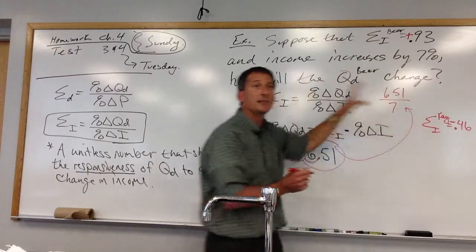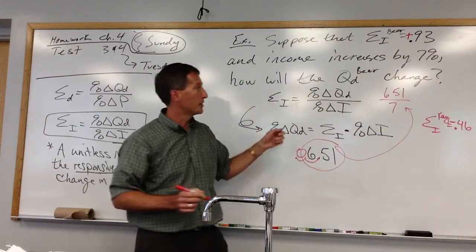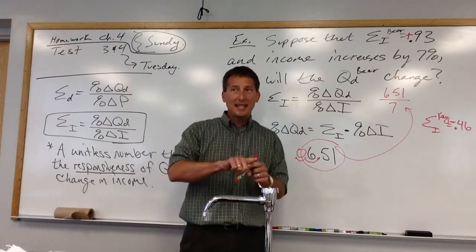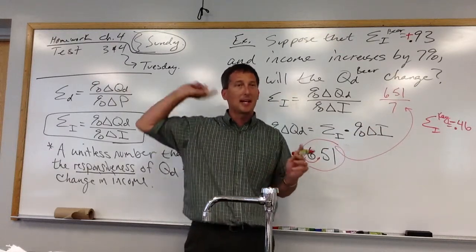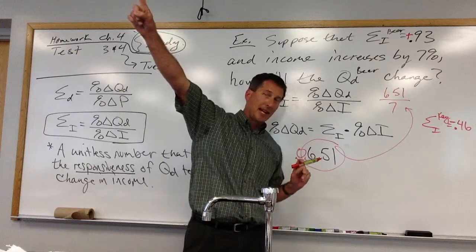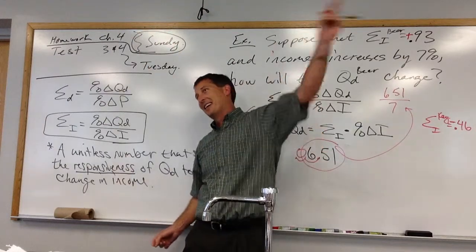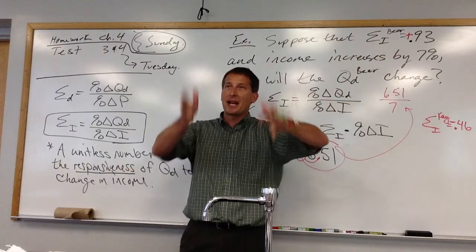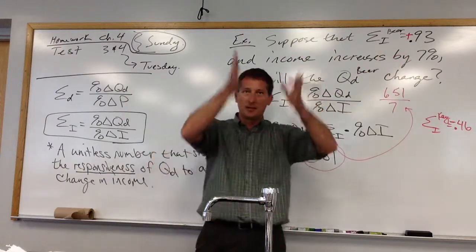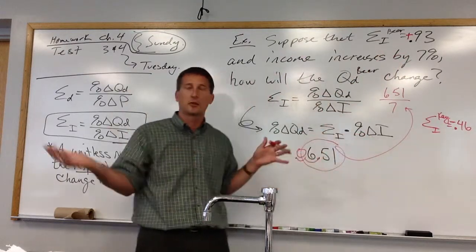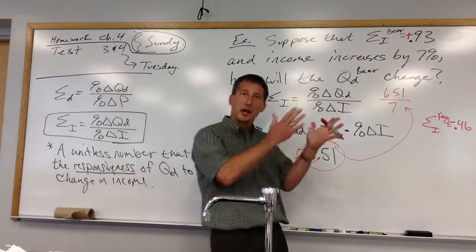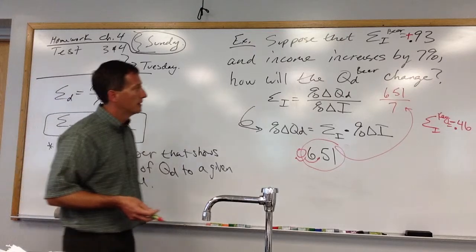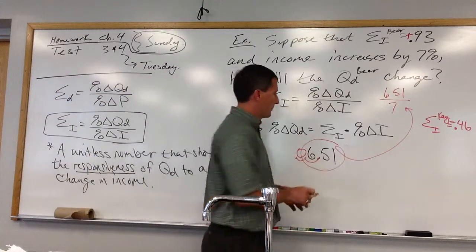So the sign of the elasticity matters when it comes to calculating this one. With price elasticity, the first one we did, the sign was always negative, so we talked about it as a positive, just to screw up students, right? We took the absolute value. When we verbalize it, we'll a lot of times just say the elasticity is equal to 1.2, because you already know there's a negative relationship due to the law of demand.